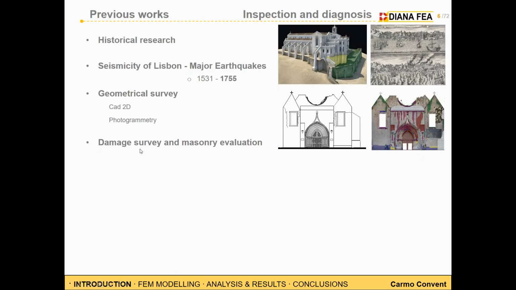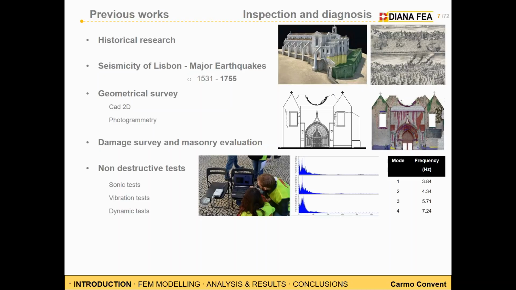And of course, it was also worth having an idea of the damage along the structure and the evaluation of the masonry, which is mainly stone masonry, but the variety is significant because we can have large and big blocks, but also irregular and core material.